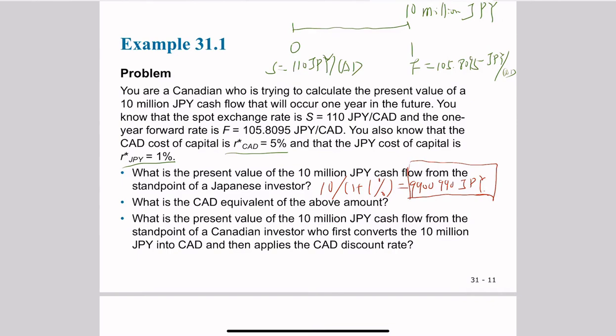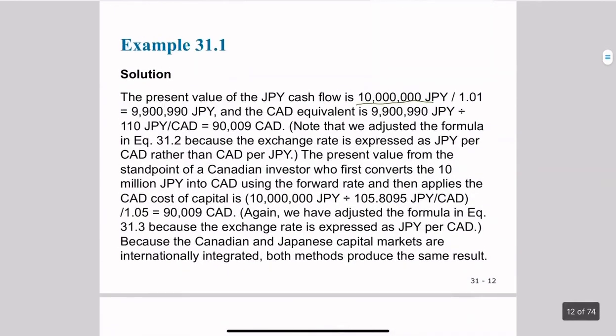Right? So here, okay, let's call this the first problem, second, third. So for the second problem, you should use spot exchange rate, which is 110 JPY per CAD. So here, you want to use the amount in JPY divided by spot exchange rate, which is 110, which gives you the amount in Canadian dollars.